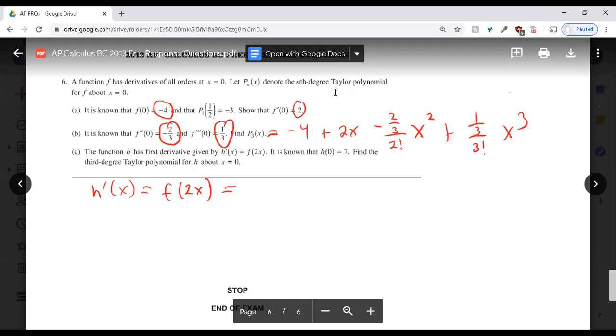So this is going to be -4 plus, if we're doing f of 2x, this is our approximation for f of x. So instead of x, I'm going to substitute our 2x, which is inside the parentheses. When you simplify -2/3 over 2 factorial, that becomes -1/3. And then you have 2x squared.